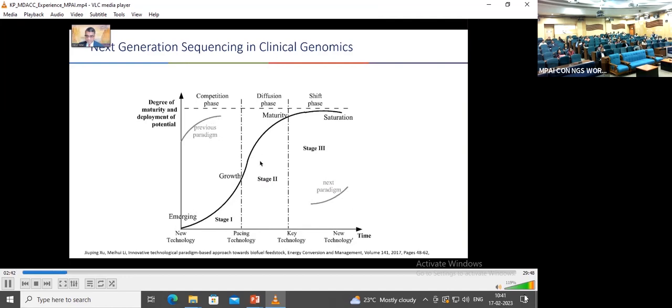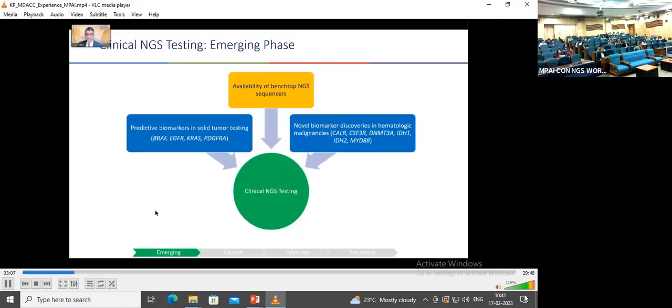Right now, I consider that we are somewhere in the growth and maturity phase, but definitely not in the saturation phase as it relates to next generation sequencing. So I'd like to draw some parallels here and show our journey through different phases, and hopefully we can follow along from emerging to growth to the maturity phase in the next few slides.